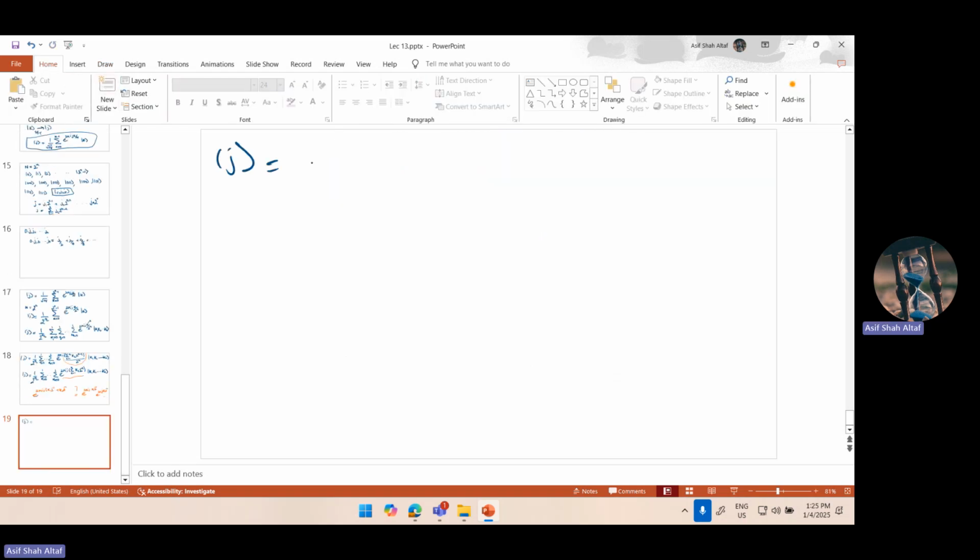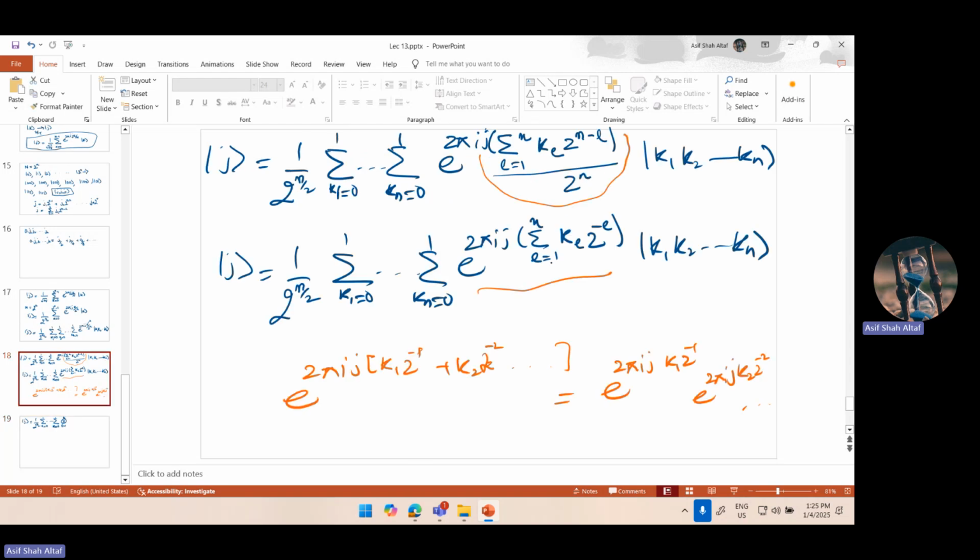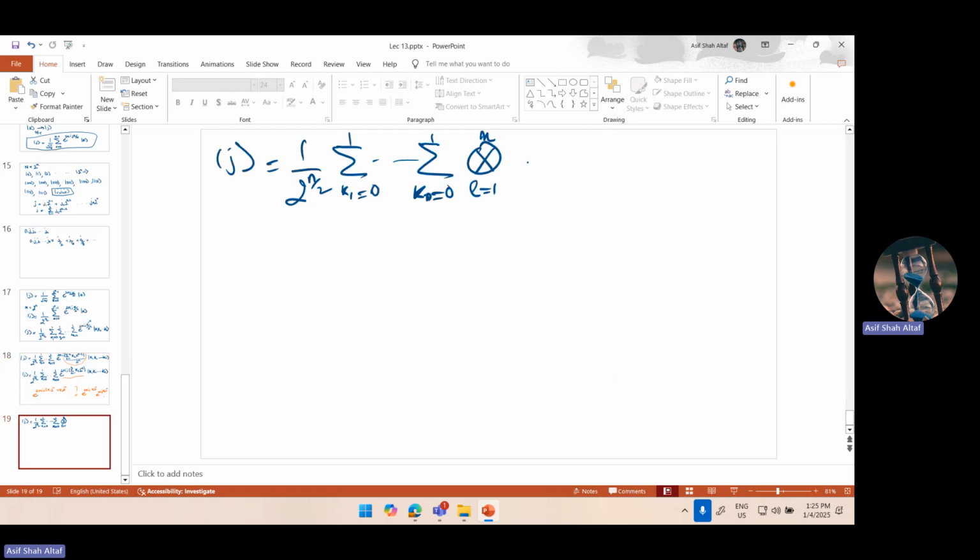So what we will have is, okay, so let this represent the product for L equal to 1 to n terms, because we have here L equal to 1 to n terms. So all this summation will now be converted into the product.